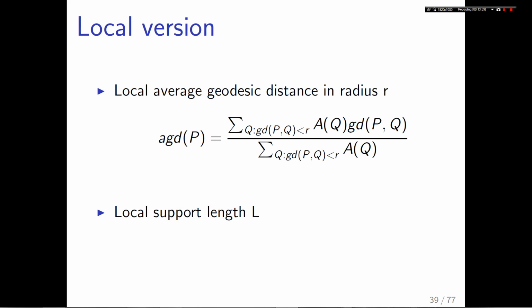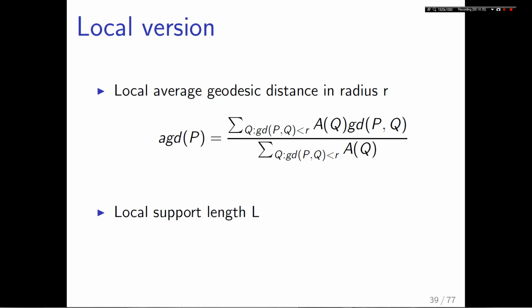And still, remember that every local descriptor should have a local support. So we must make two local versions of our alpha and beta. First is alpha. We use the local average geodesic distance. Here you can see we set a radius r, and we only choose vertices that are inside this radius, and average them with area weighting. The big A of Q here is the area.